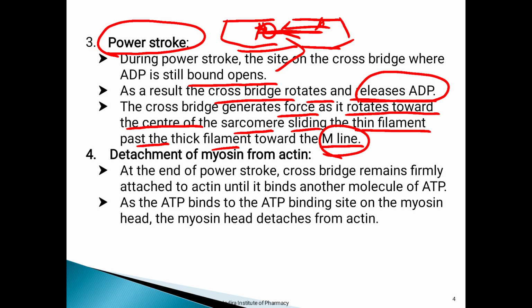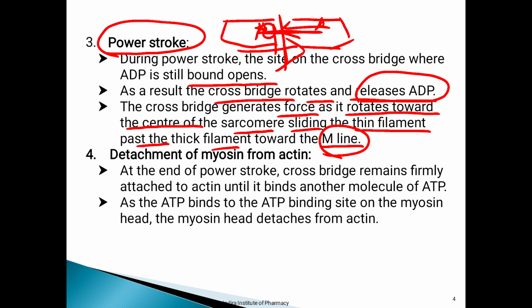They are moving towards the M line. In the center we have the M line. Once this is over, the power stroke will continue as contraction is happening.